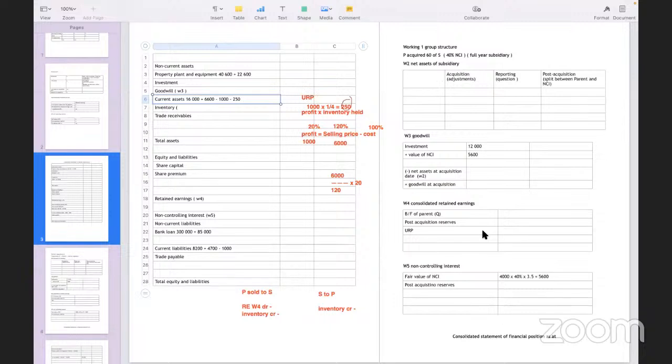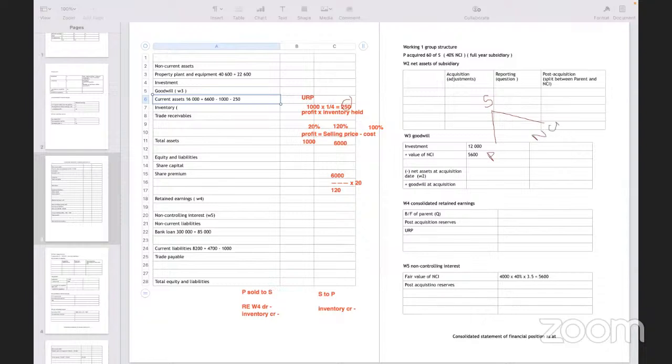Now, in our question, who is the seller? The subsidiary is the seller. If the subsidiary sells, the subsidiary makes the profit. The subsidiary's profits will always be split between parent and NCI.